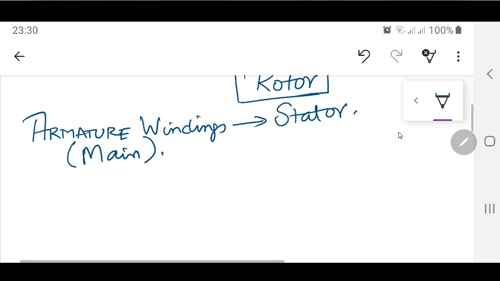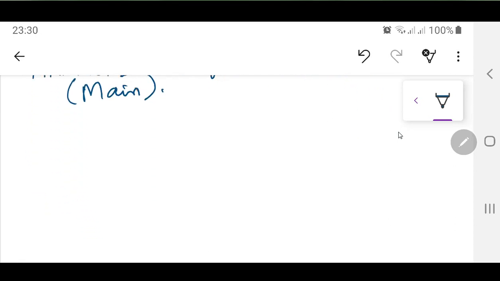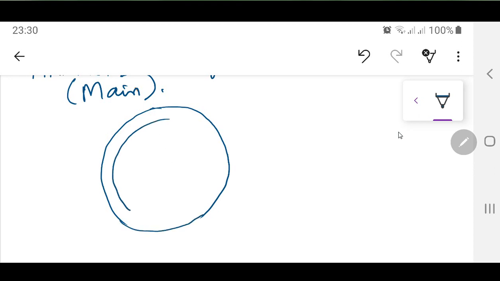So if I draw the first picture of a synchronous generator in front of you, it is going to be exactly again the stator, and in the stator I'm again assuming that this is a two-pole machine, so I have the stator windings in such a way over here.